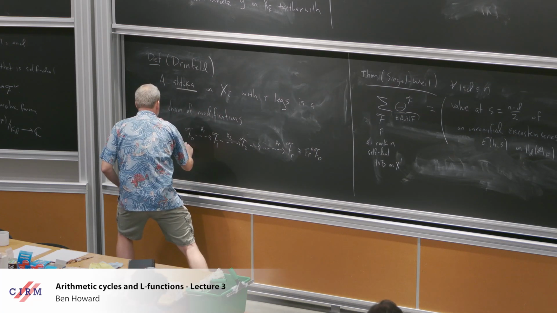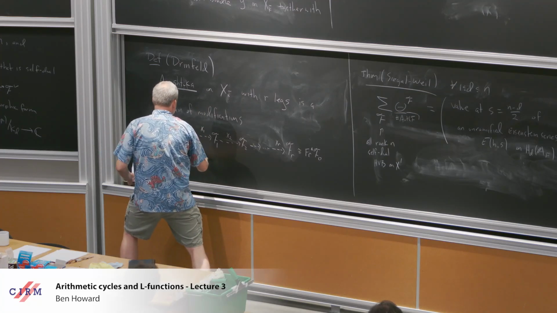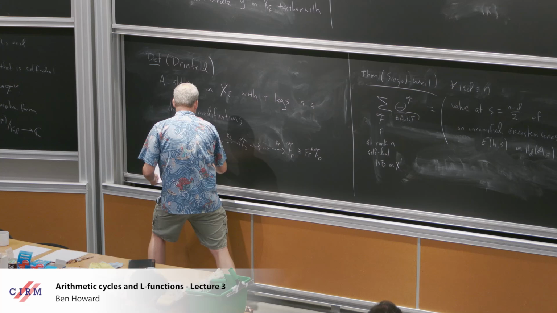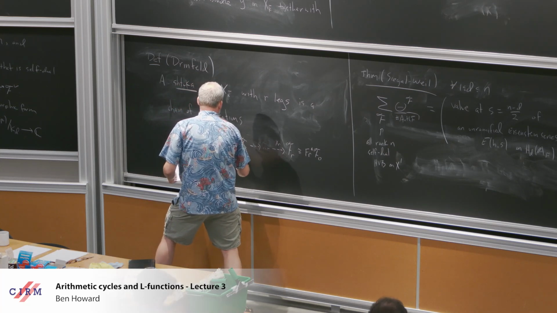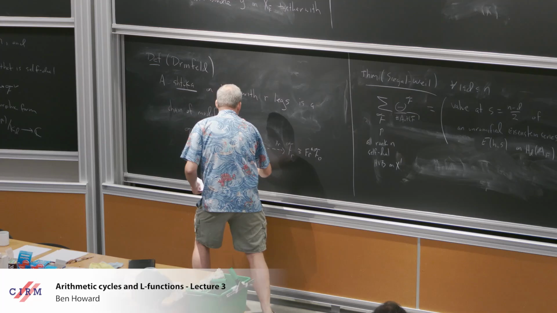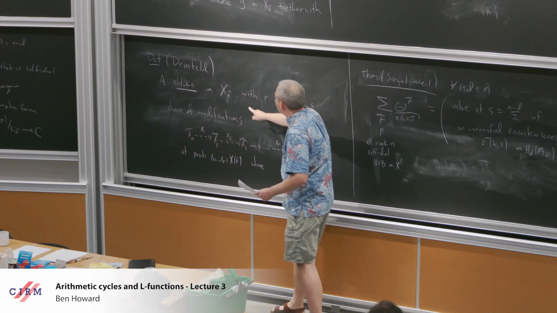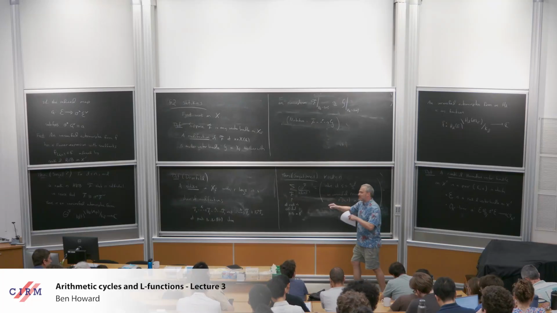The points are part of the data. The data of a shtuka is the vector bundles, the points, and the modifications, at points x_1 up to x_r in X_k-bar. And somehow on this X over k-bar, there's more than one Frobenius, depending on what you mean.